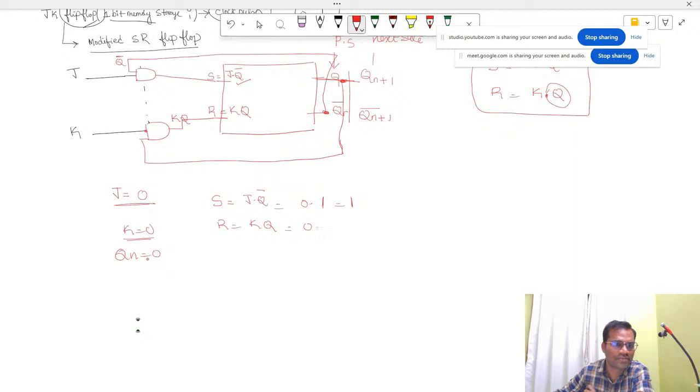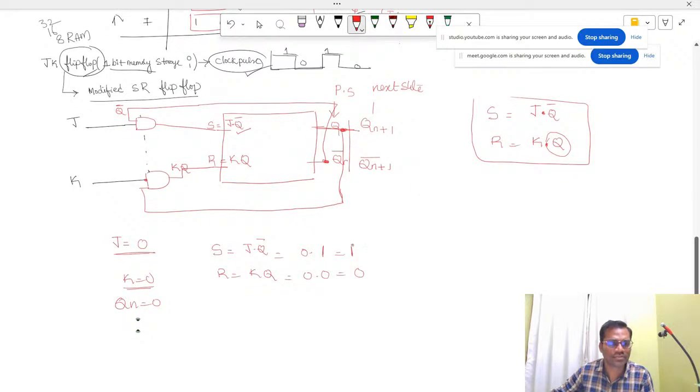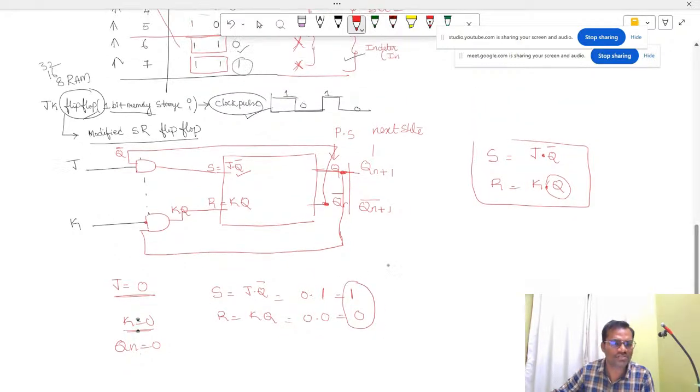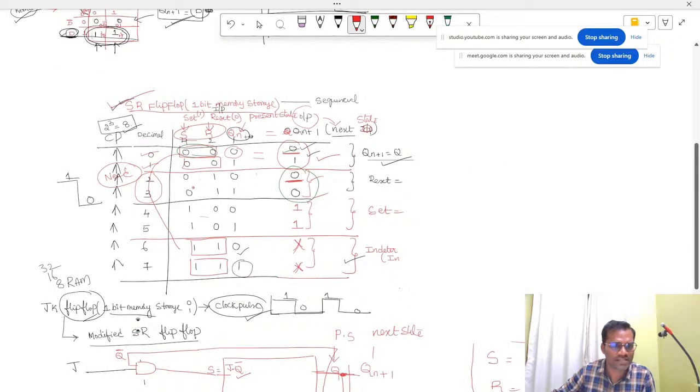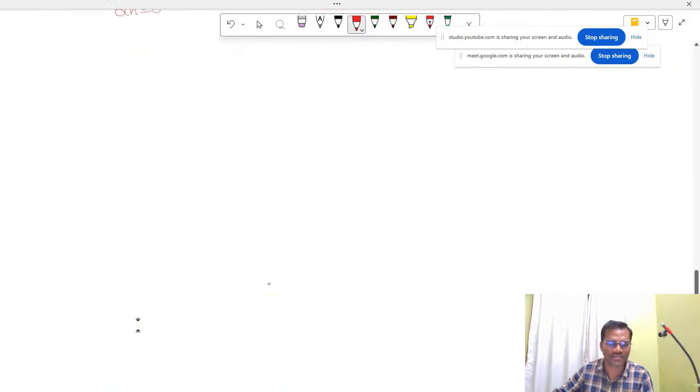What is the value of Q given here? 0. 0 into 0 is again 0. So in the SR flip flop, S is 0 and R is also 0. What kind of output are you going to get? No change. Now let us try to plot the JK flip flop.